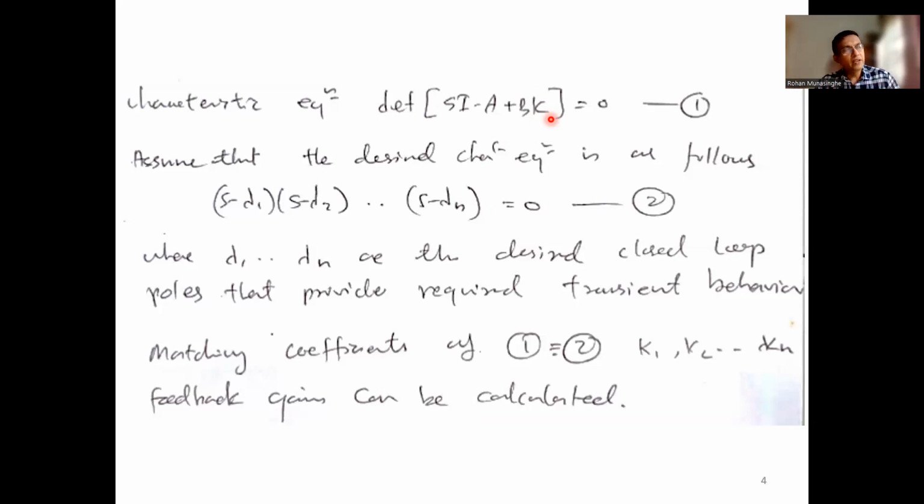Put differently, the whole purpose of designing a controller for a plant is to place the closed loop poles in the desired positions. In a closed loop control system, if you have your poles in the desired positions, you get the best or appropriate performance.